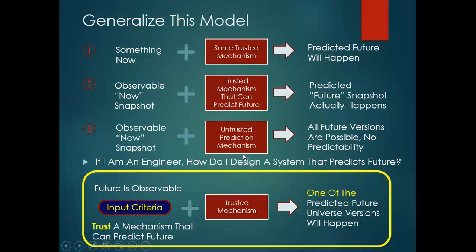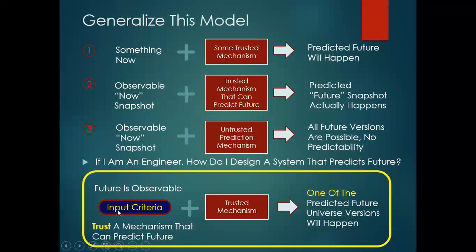They are pretty self-explanatory. But I look at this situation as an engineer. I would think, well, how do I design a system that can predict the future? I want to avoid the situation in case 3 here, and I will focus on the situation of case 2. How do I enhance case 2 or build my mechanism around case 2, where the mechanism is trusted and some kind of input can be well defined and some kind of output can be well defined.